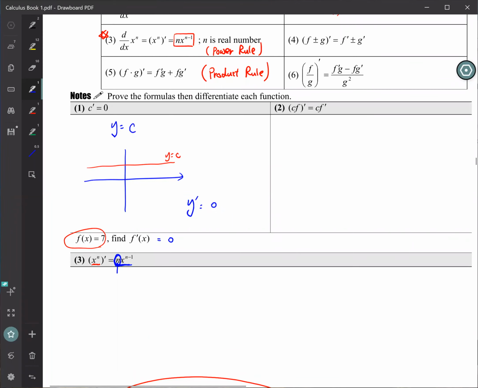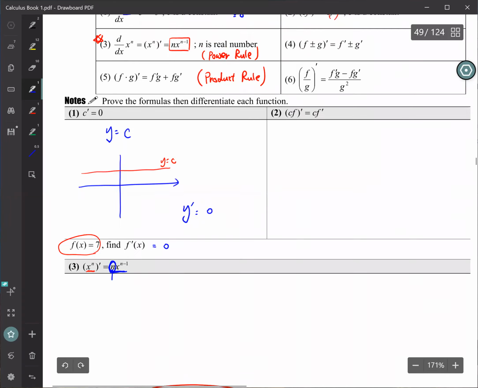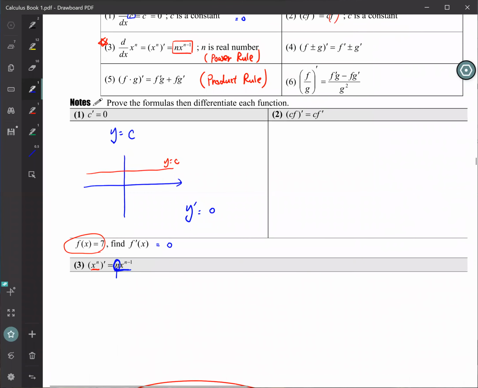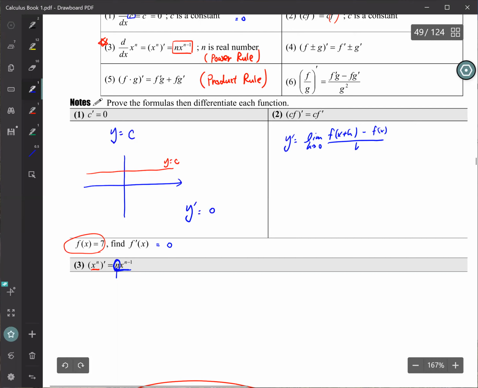Now the next one, we can do a quick proof, okay? It's not too difficult. What we are going to use is the definition, the third one, because the third one is to prove the slope at any point. The third definition says that we have y prime equals the limit as h approaches 0 of f of x plus h minus f of x over h, right?